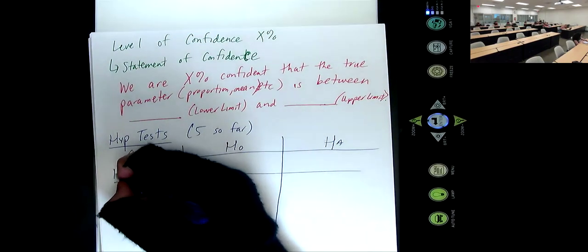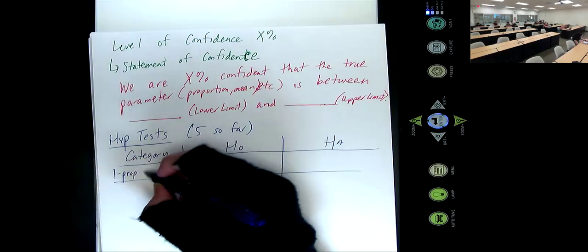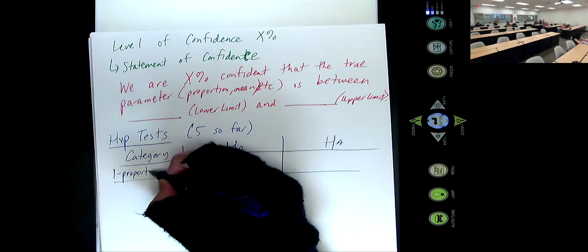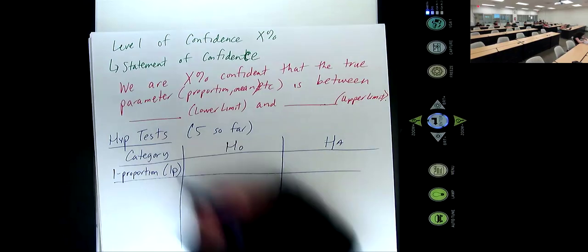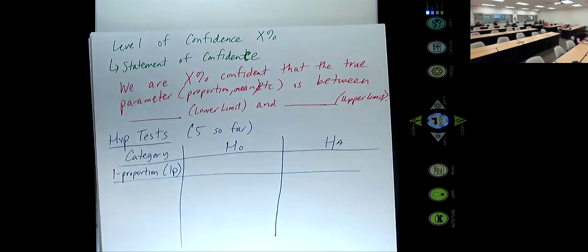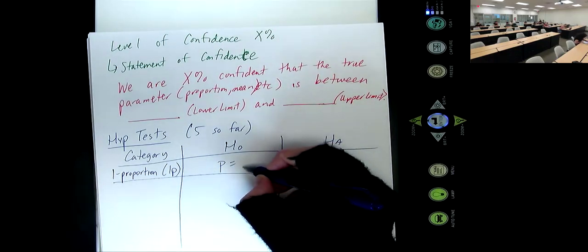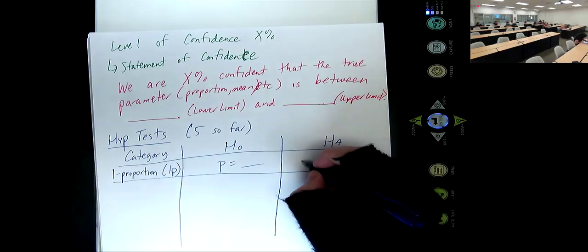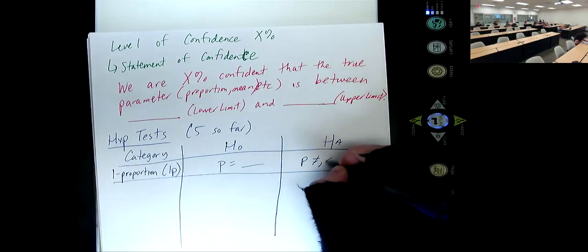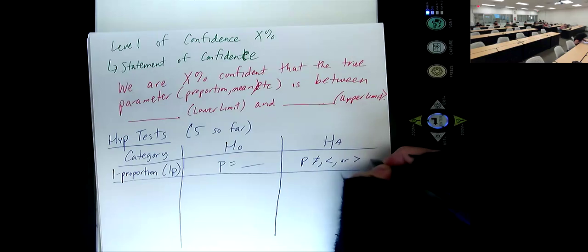So we had a 1 proportion test, which I usually call just one P to make it easy. H naught was P equals a value. HA is P doesn't equal, P is less than, or P is greater than that same value.